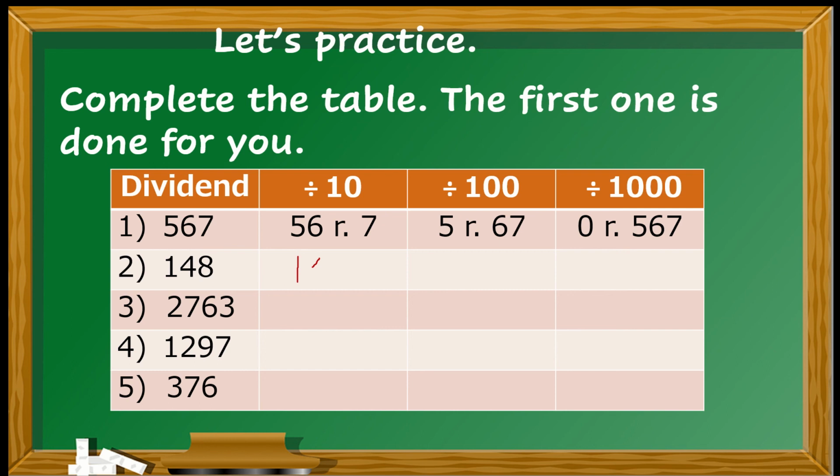For number 2, that would be 14, remainder 8. Kasi meron siyang isang 0 dito. So, isa lang dito yung ating kukunin na remainder. Then, sa 100, dahil meron siyang dalawang 0, so gawin natin dalawa munang remainder.